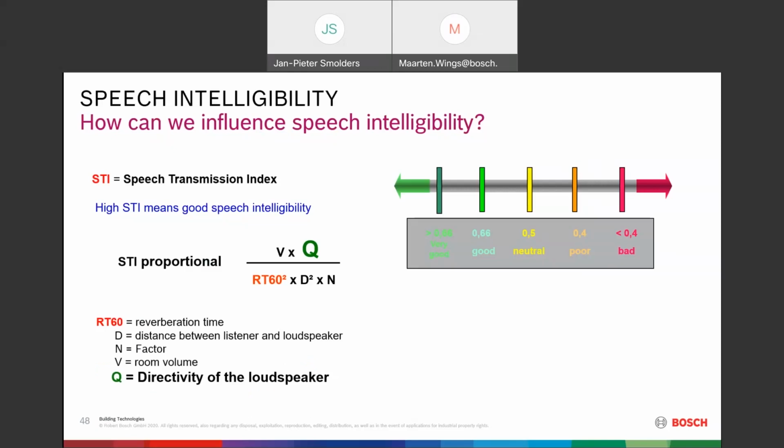The Q factor is the only thing that has influence on this STI, and the RT60, you can see it's squared, is taking a lot of portion of this STI. So the higher the RT60 will be, the worse it will be for the STI.